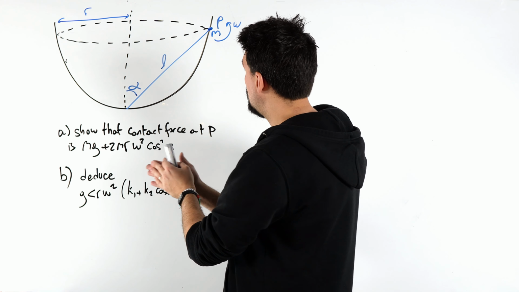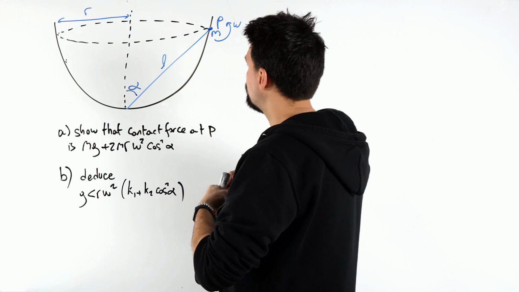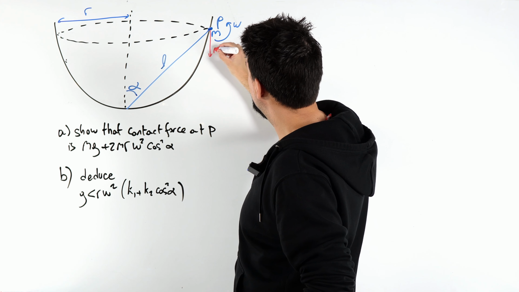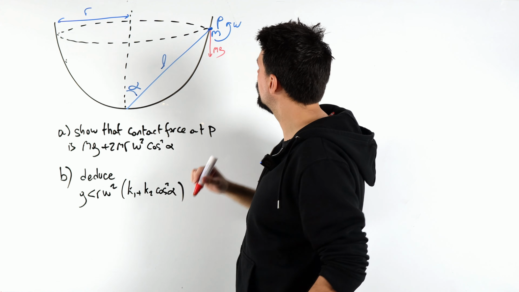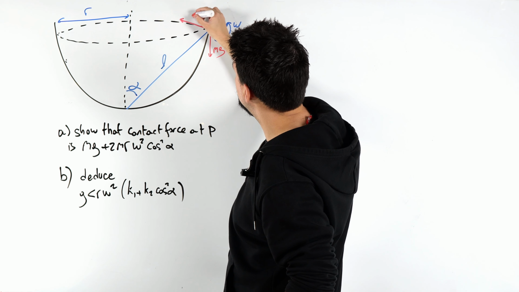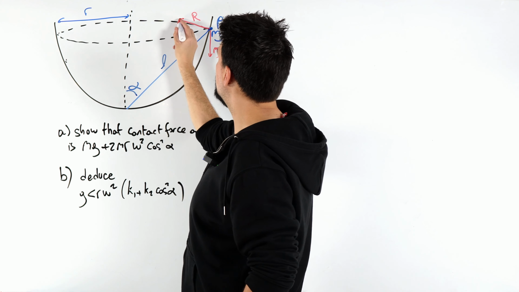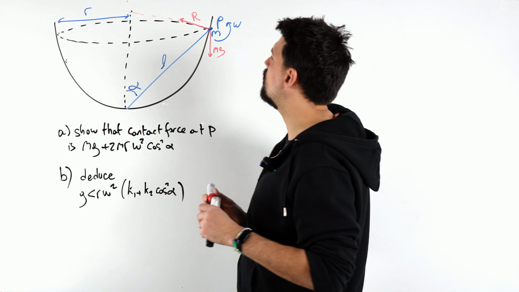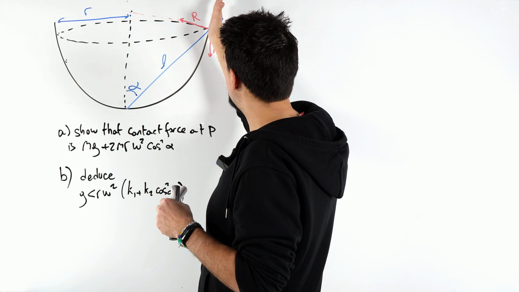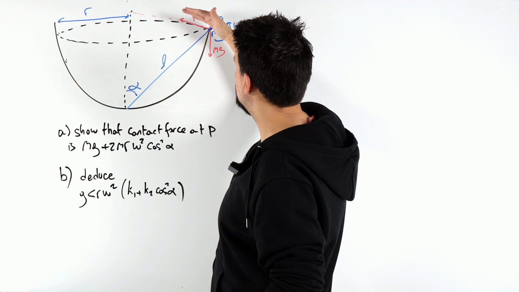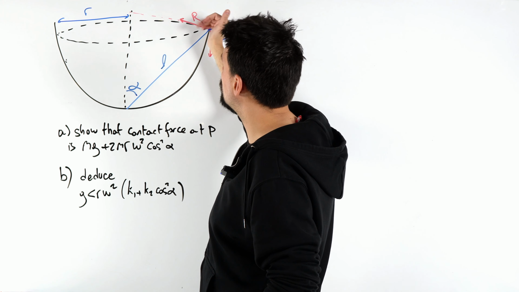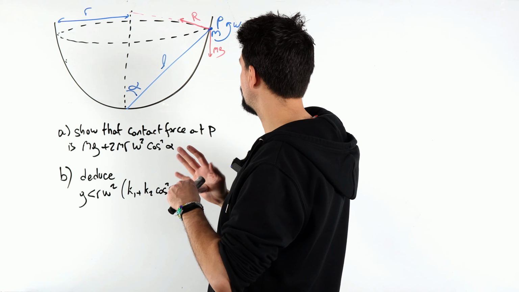First thing we need to do is put some forces on here. So there is the weight of the particle. There is going to be a reaction force, and as we know from geometry, it will be heading towards the center of the sphere, because the tangent and the radius are perpendicular.